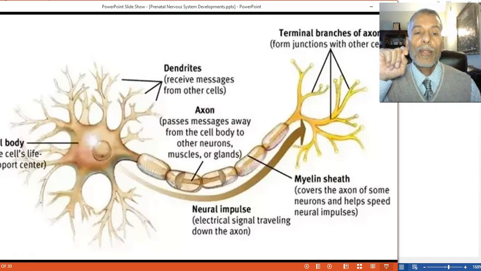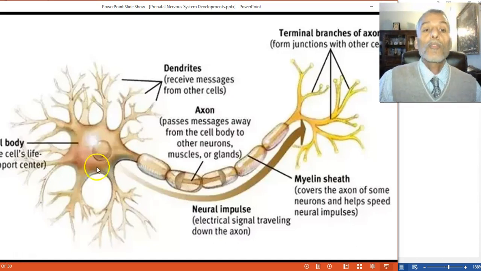However, the process requires a lot of processing. So the axon hillock looks at the signals that are coming in, and by the majority of the signals it determines if it will fire or if it will inhibit.